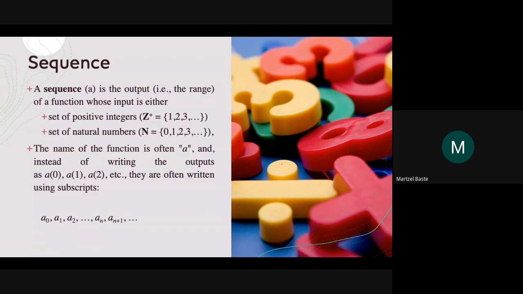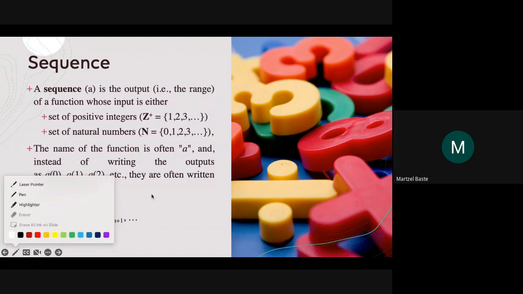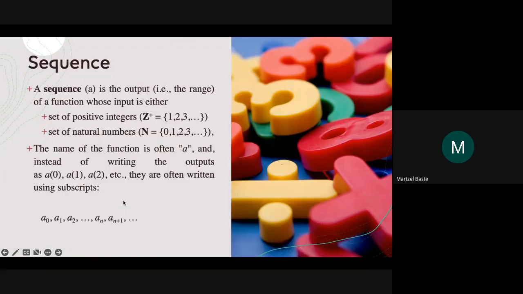So yeah, as you can see here in this part, allow me to draw.